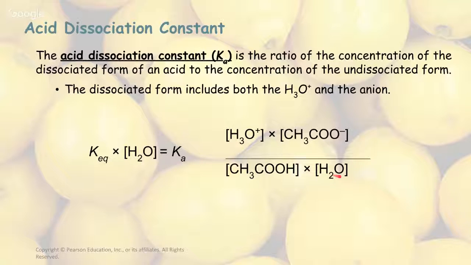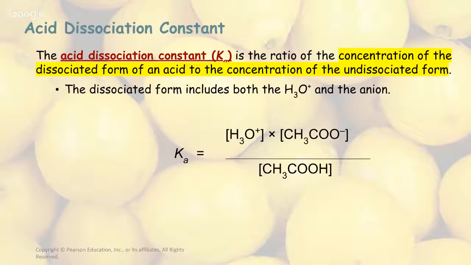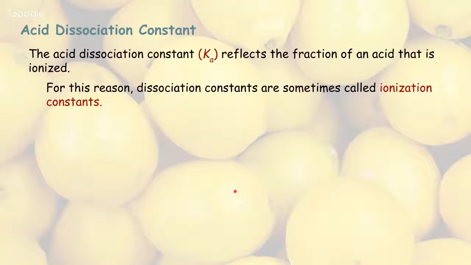We're just removing this variable, the concentration of water. And so we can rewrite our acid dissociation constant as the products, which is the hydronium and the acetate, divided by the concentration of the undissociated acid. And that is how we calculate an acid dissociation constant.